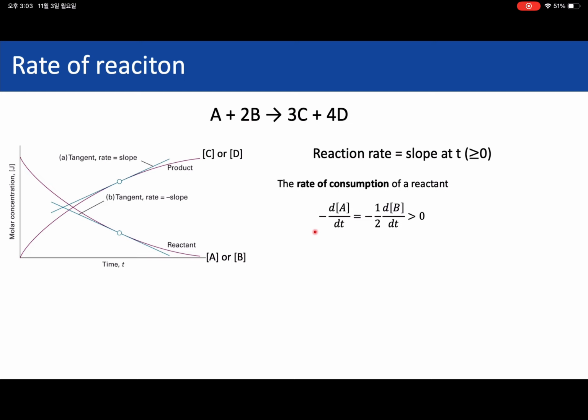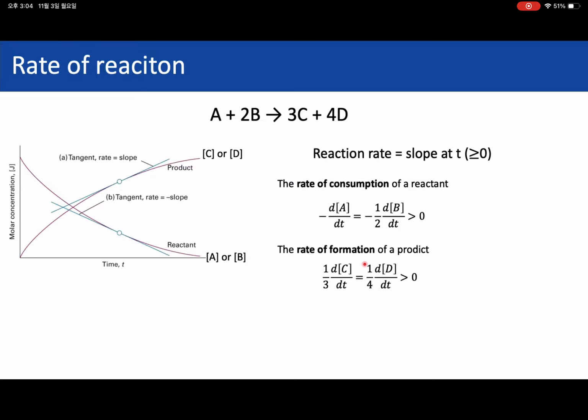One thing you have to know is that we have this negative sign for the reactant, because the reactant keeps decreasing over time, so we always have a negative slope. In order to make it a positive value, we put this negative sign in the rate of consumption of the reactant.